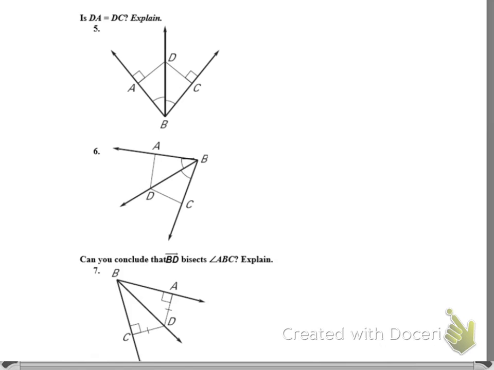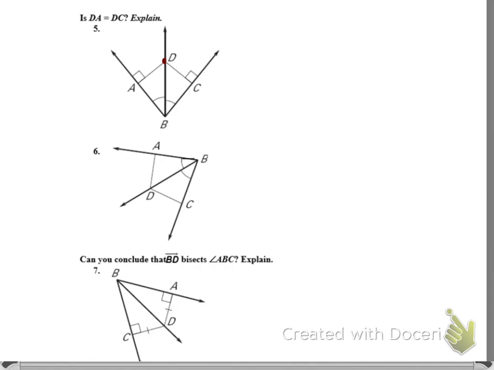In question 5 and 6, they're going to ask you if you can conclude that DA equals DC. So for DA to equal DC, that means that point D, which is right here, has to be on an angle bisector.